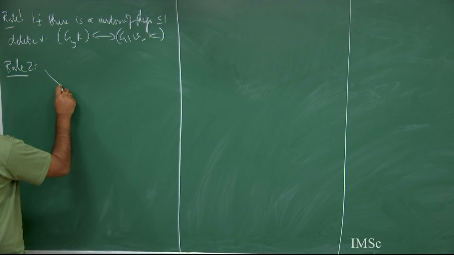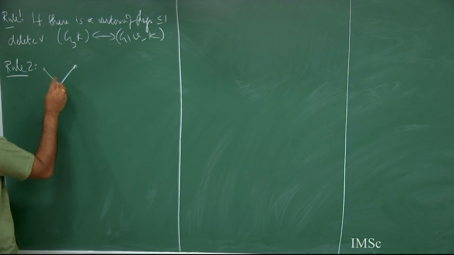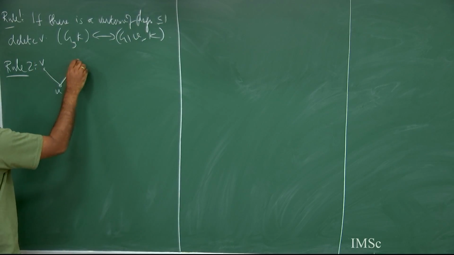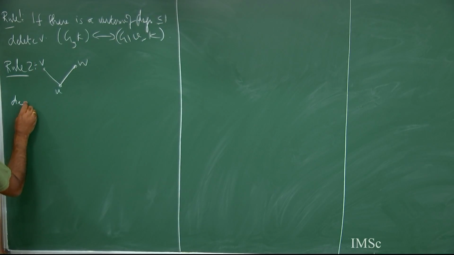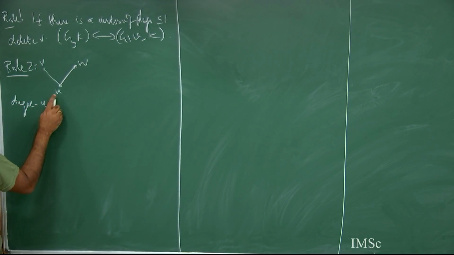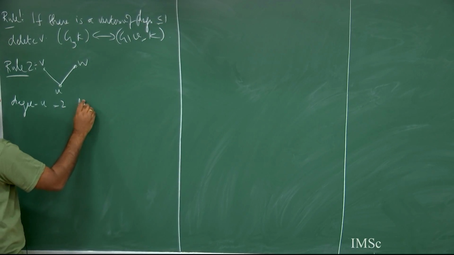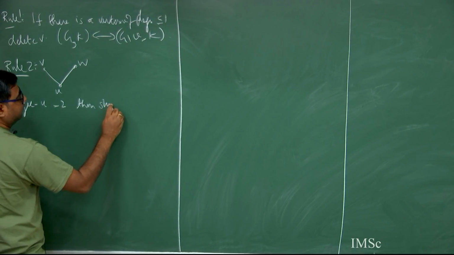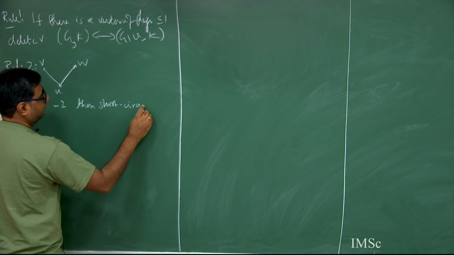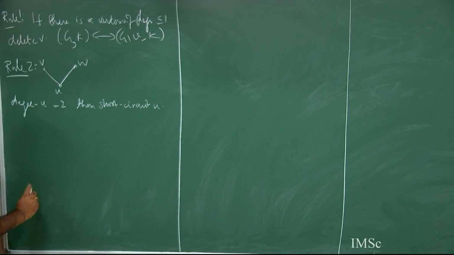Basically, if you have a path u, v, w such that the degree of u is equal to 2, then short circuit u. What does this mean?